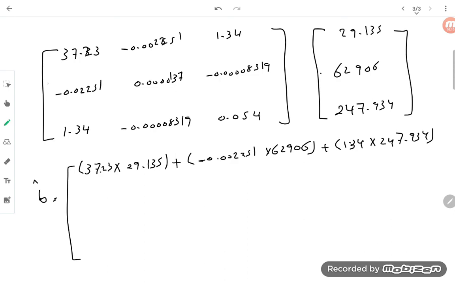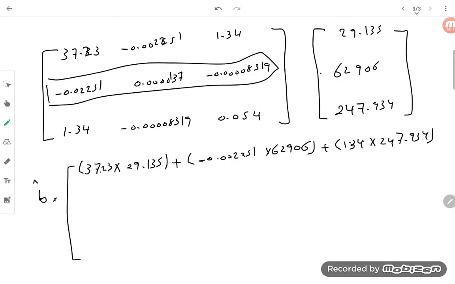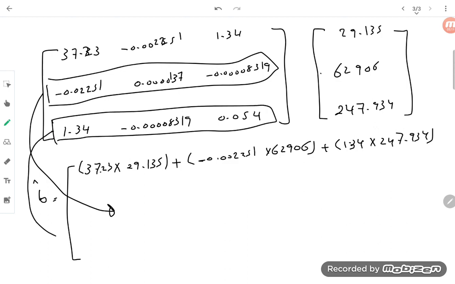And we are going to do the same for number 2, and then the same for number 3.